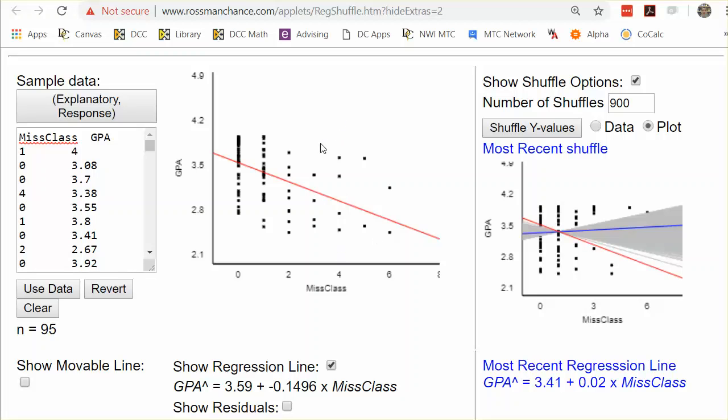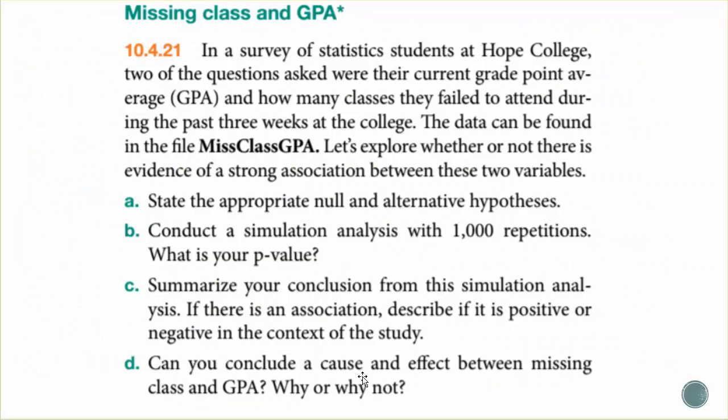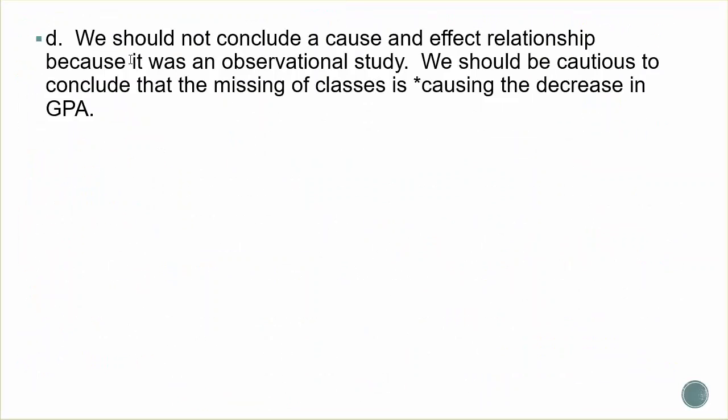And the other thing, which the question I believe says, is would you make a cause and effect conclusion about this? Well, I would say no, you should not conclude cause and effect, because this was an observational study. We should be cautious to conclude that the number of missing classes is causing the decrease in GPA. In one sense, your GPA is based on courses that already happened, not even the current course.